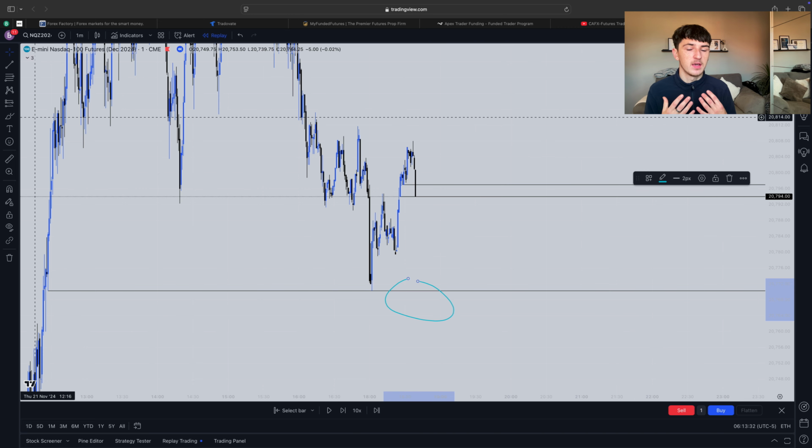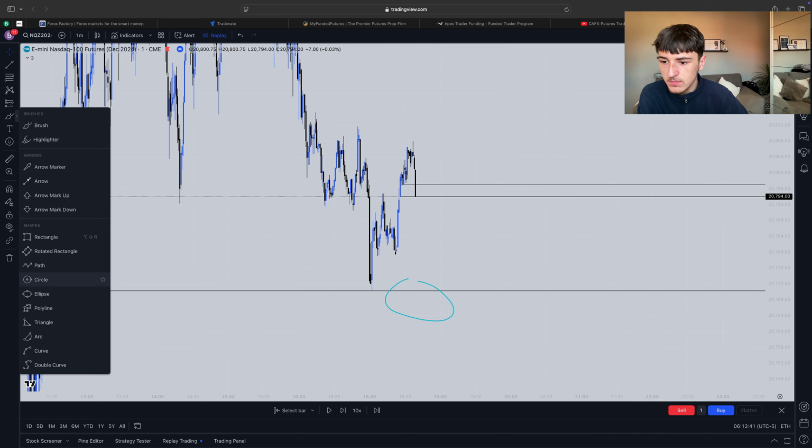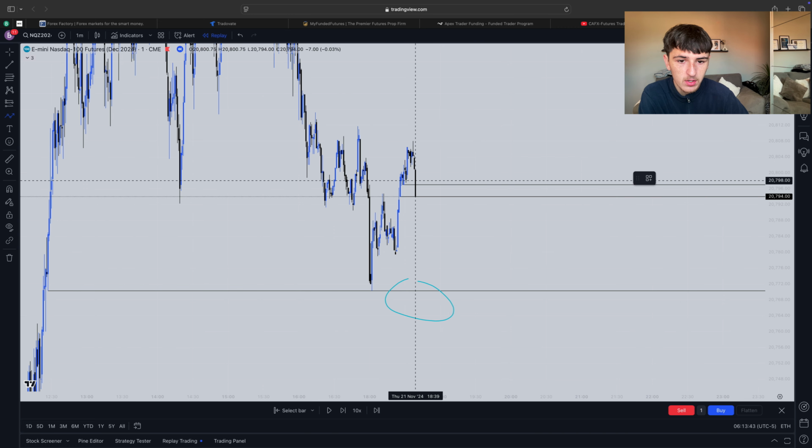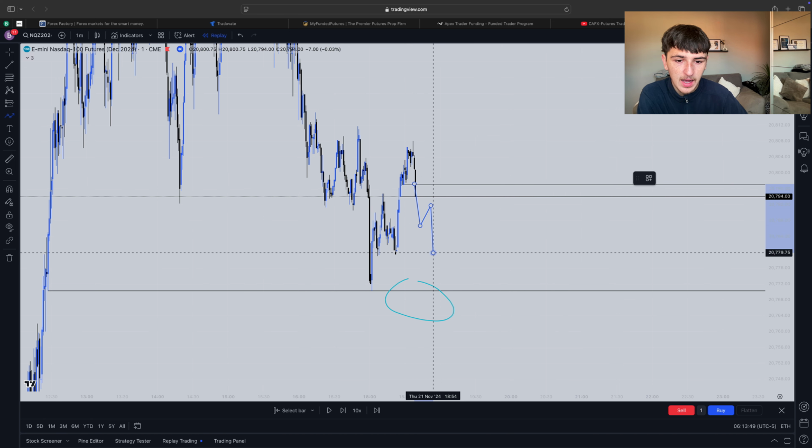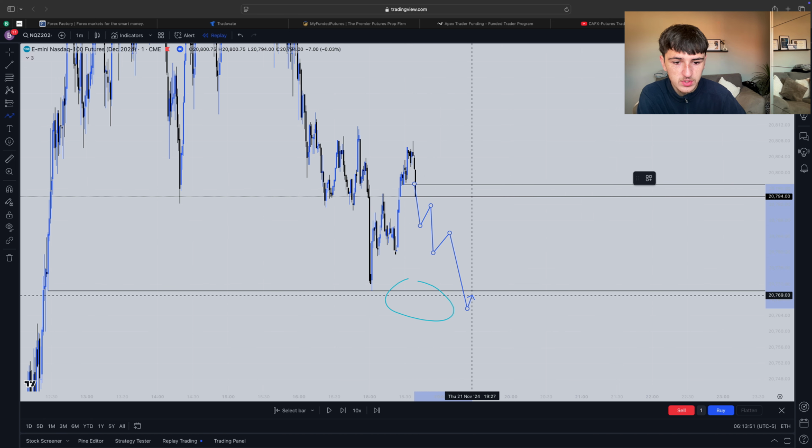That's how I envision it. When I say a strong draw on liquidity, I mean it's basically like a magnet for the price. So what I would be expecting here is for the market to come down. You can see it's taken out that level of equal lows and it's just about to take out those. I would expect it to come down and eventually get pulled towards these equal lows.